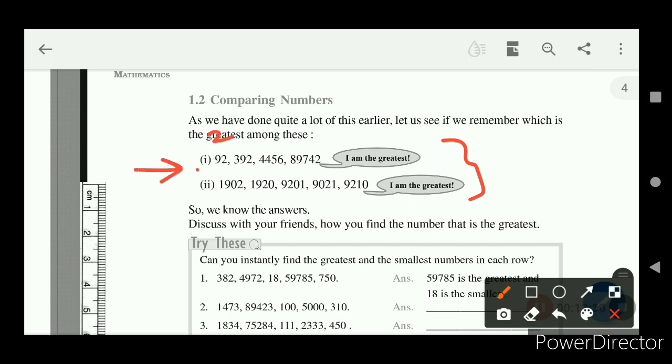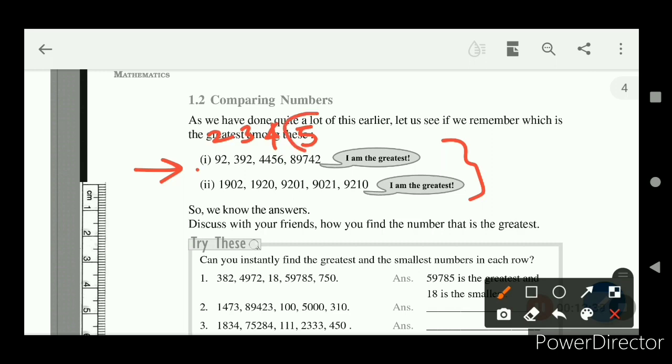92 has 2 digits in it. What we are doing is using the first step of counting the number of digits in each number to be compared. So we have 4 numbers to be compared, so we are counting the number of digits in each number. 92 has 2 digits, 392 has 3 digits, 4456 has 4 digits, and the number 89742 has 5 digits in it, right?